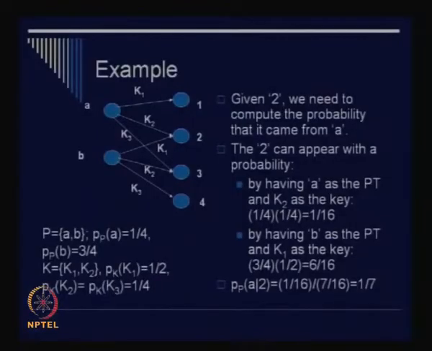In order to compute this total probability, that is of occurrence of 2, what we did is that we took, for example, any key, like for example choose k1, okay, and decrypted this 2 with k1, went back to the corresponding plain text and multiplied with the probability of the plain text. Okay, and again choose k2, multiply, obviously, the probability of k2, and then decrypt it and go back to A and multiply with the probability of A, right? Similarly, we can do it for all possible keys, right?